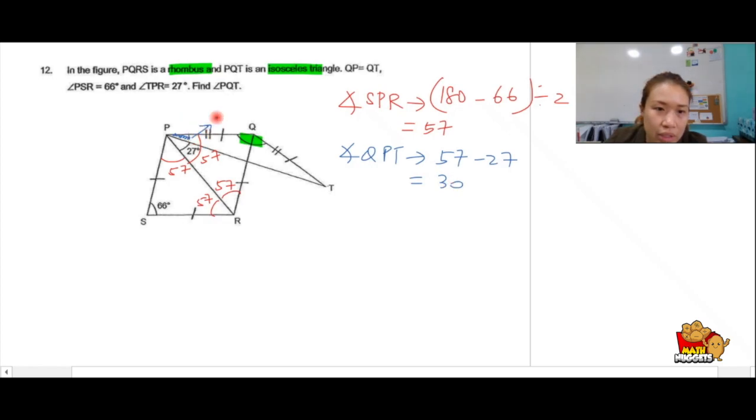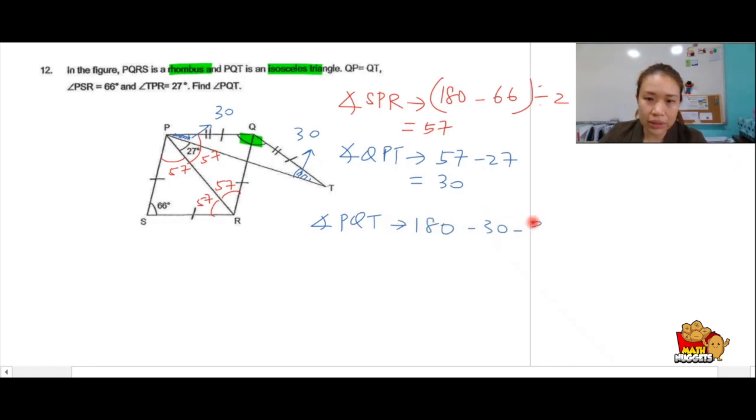So we know that this is 30 degrees. Okay, if this is 30 degrees, it's an isosceles triangle, so this is also 30 degrees. So we are able to find angle PQT. Angles in an isosceles triangle, 180 minus 30 and 30. We're left with 120 degrees.